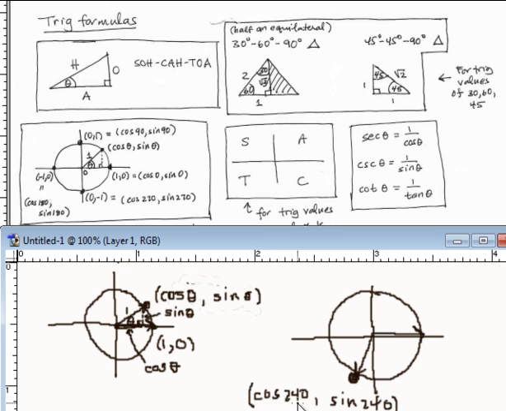Whatever we found for cosine 240 is this coordinate. The reference angle here is 60 degrees, and over here only tangent is positive, so this would be minus 1/2. It's negative cosine 60, and this would be negative sine 60, which is minus root 3 over 2. So those are the coordinates of this point, angle 240.